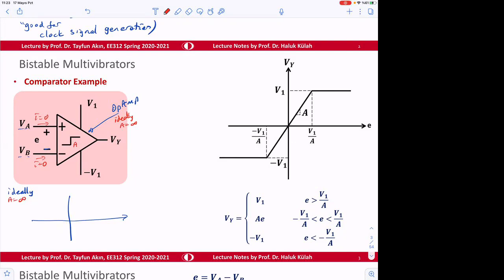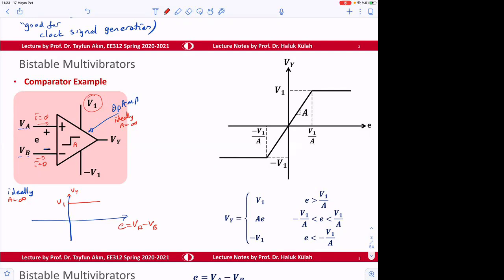Therefore, if we call this signal E, E is equal to VA minus VB, then the output VY is going to be, if the signal is a little bit positive, the amplifier gain is high, and it goes and saturates at V1, because the highest supply voltage is plus V1.